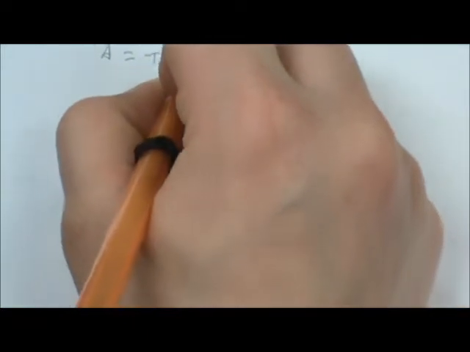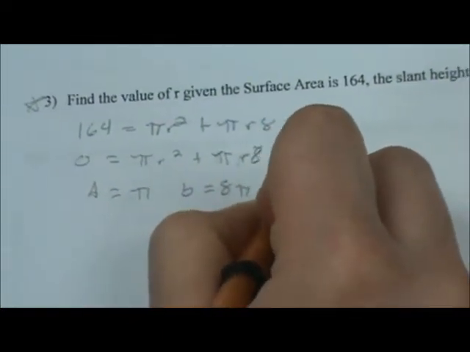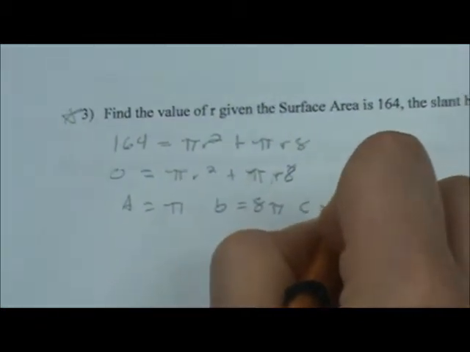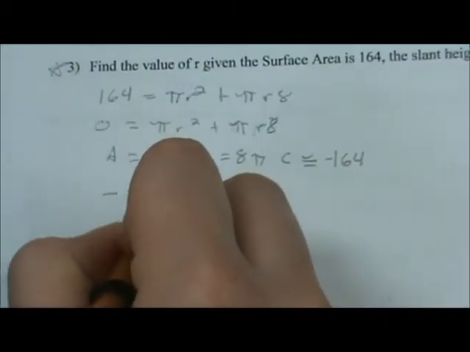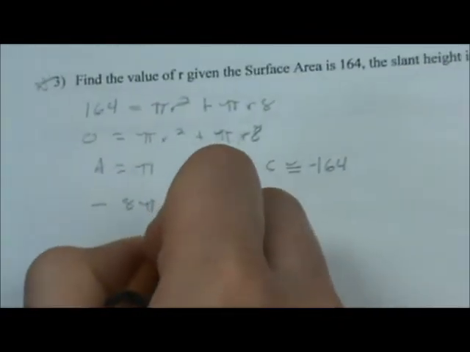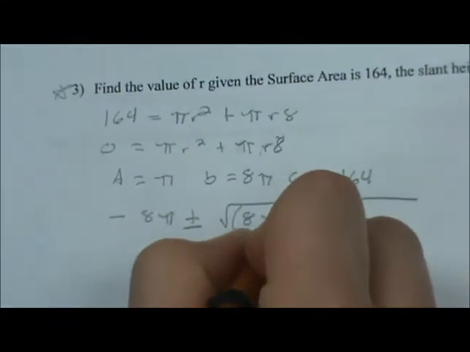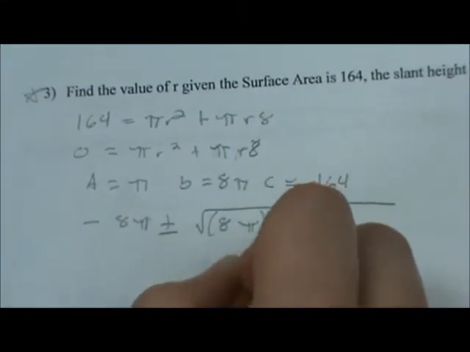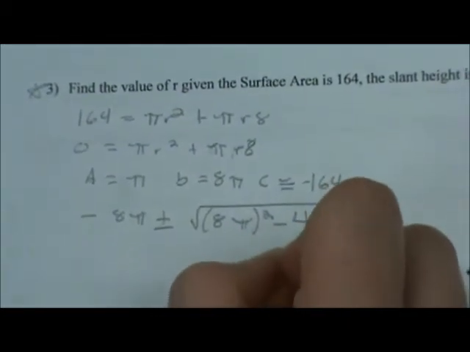And then we are going to just plug everything in, a, b, and c. So negative 8 pi plus or minus the square root of 8 pi squared minus 4 times pi times negative 164, all over 2 pi.